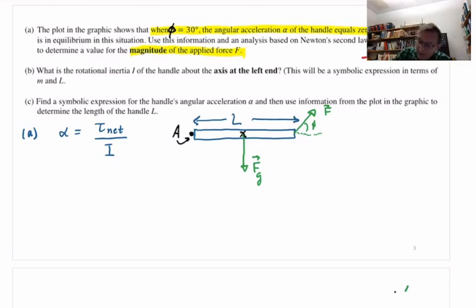So back over here in my statement of Newton's second law, rotational version, I'm going to add one more little thing. The net torque is going to be calculated about the axis A. And the rotational inertia, therefore, must also be calculated about the axis A. But we're in equilibrium here.